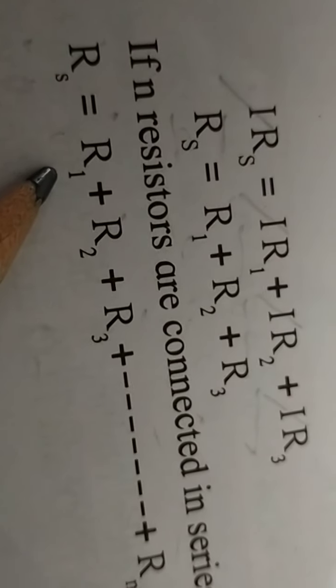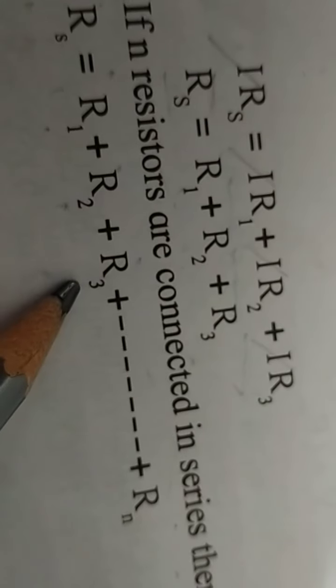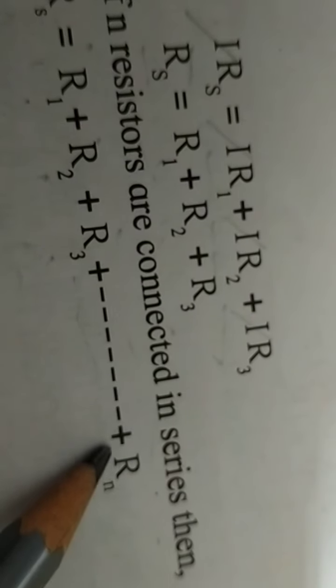Rs is equal to R1 plus R2 plus R3. If n resistors are connected in series, then Rs is equal to R1 plus R2 plus R3 plus up to Rn, that is, n number of resistors we can connect in series.